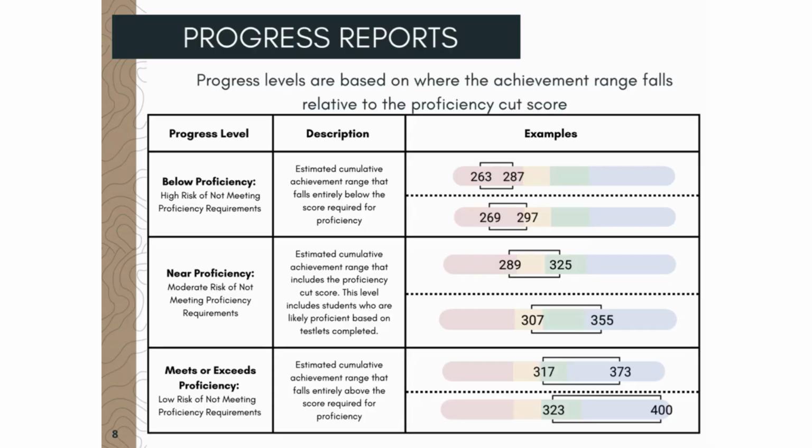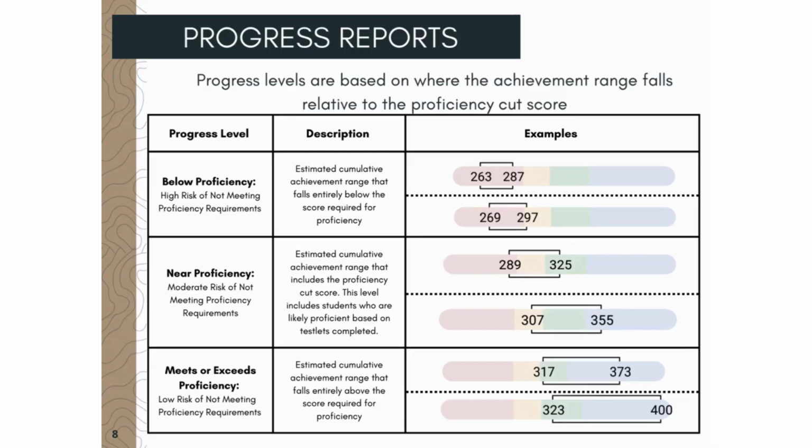As we look at those 2 examples for how these students can score, these can be students where the achievement range is completely in the novice range, as we see with that student on the top, or it can be a student whose cumulative achievement range is including both the novice range and the partially proficient range. As long as that student's range is completely below the proficient range, that student will be in the below proficiency progress level.